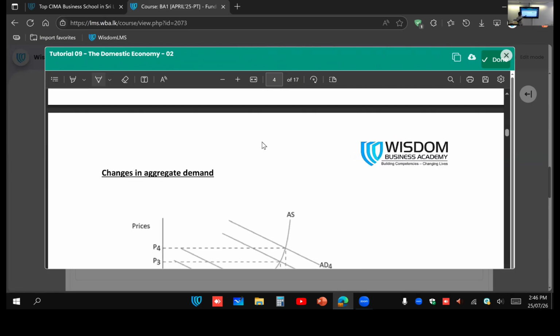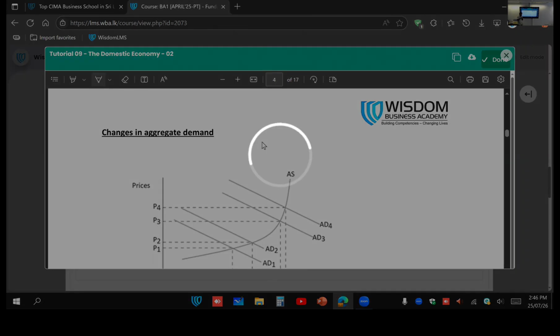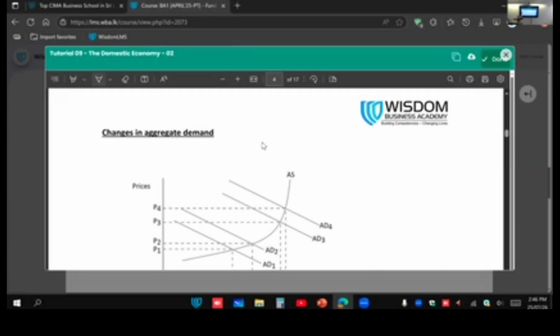Originally, for theoretical purposes, although the demand and supply curve is also a curve, it's not like a straight line, but to learn and understand the gradient and all these things, we considered it as a straight line.